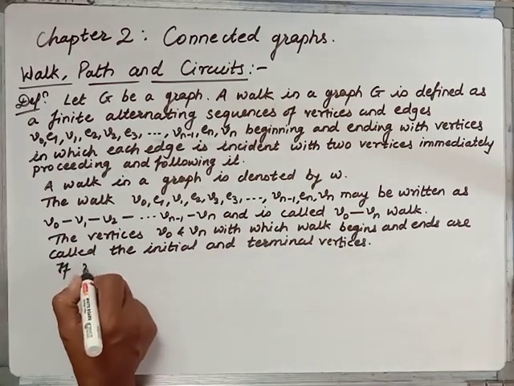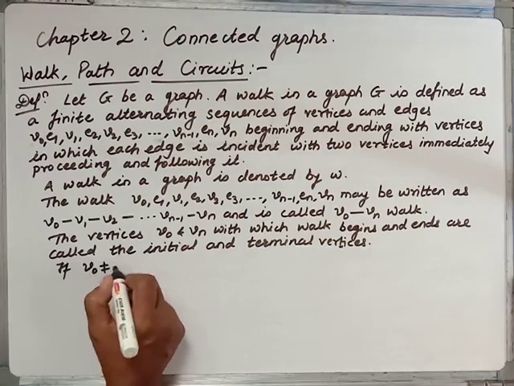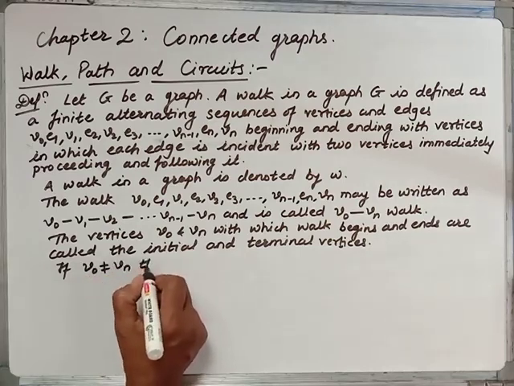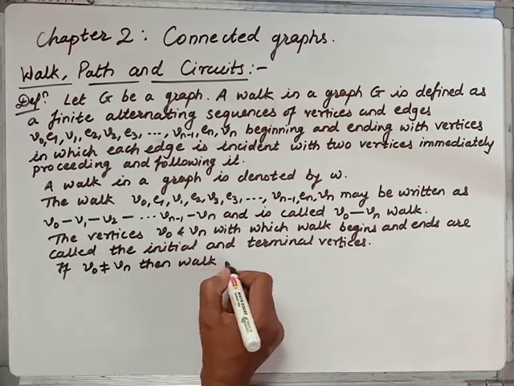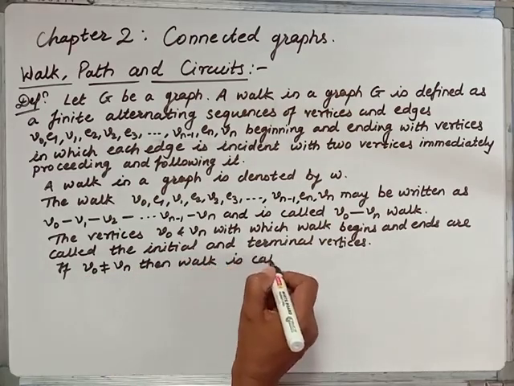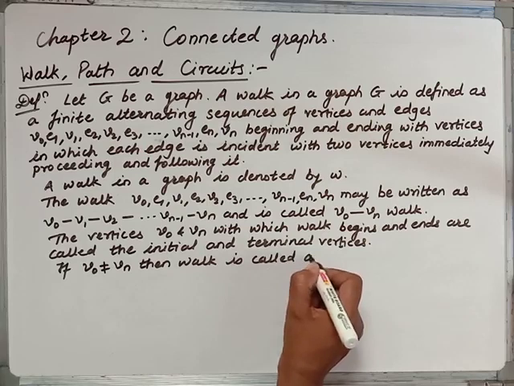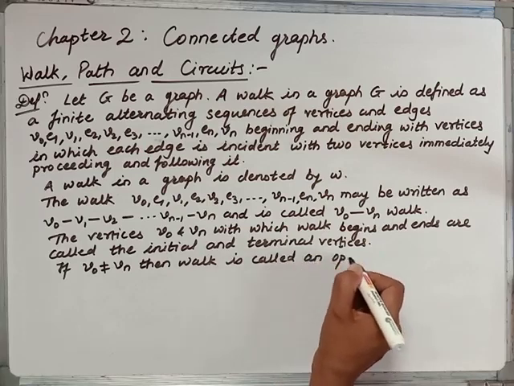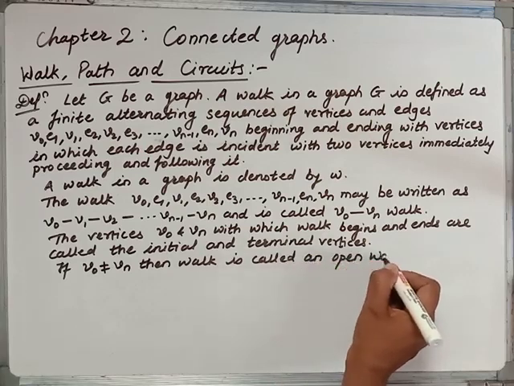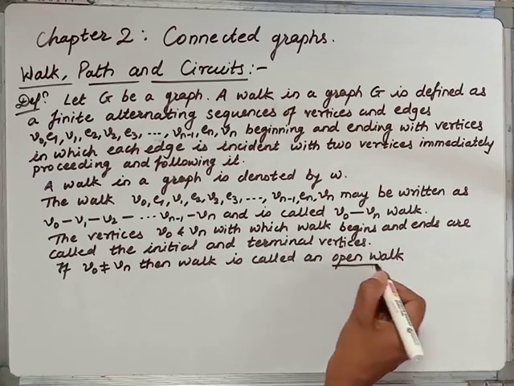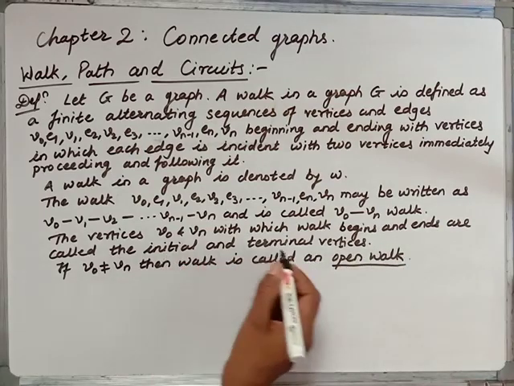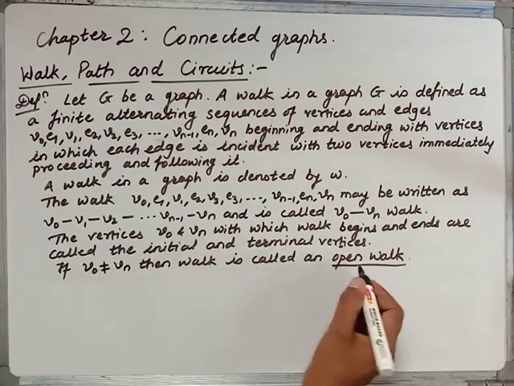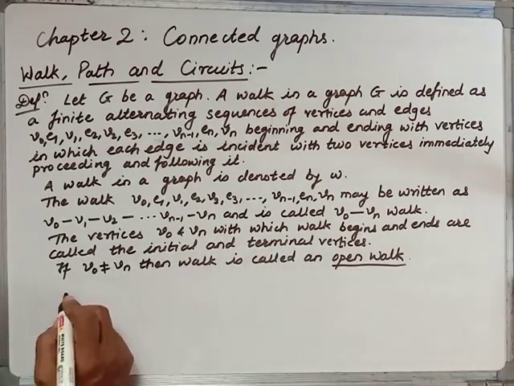If V0 is not equal to Vn, then the walk is called an open walk. If the initial and terminal vertices are different, then the walk is known as an open walk.